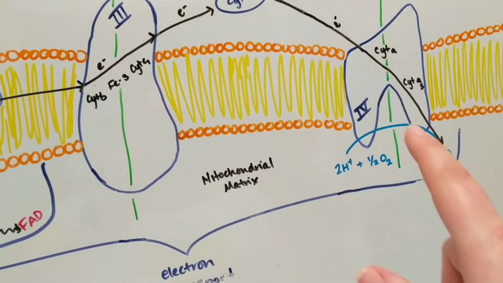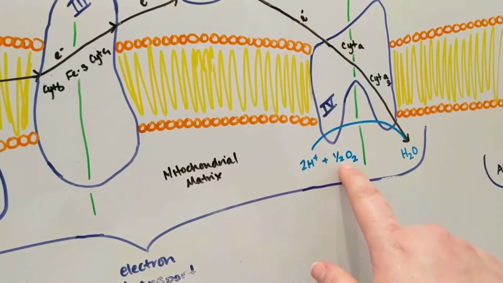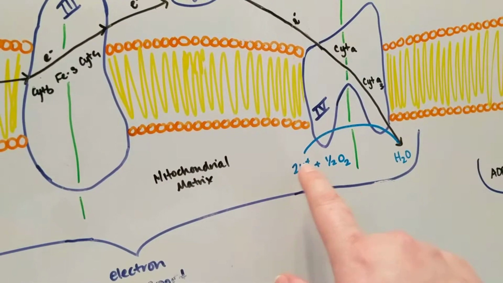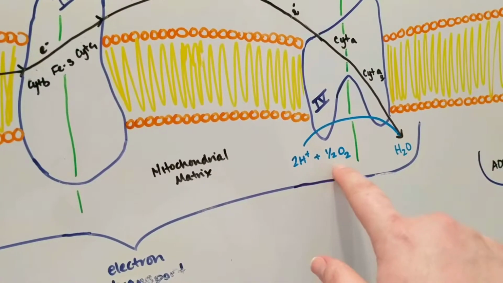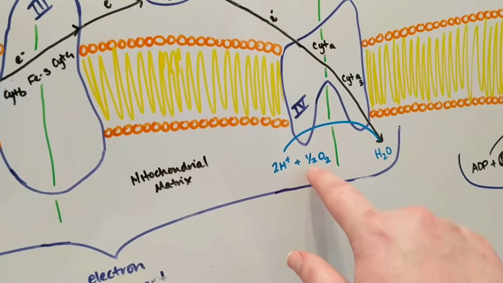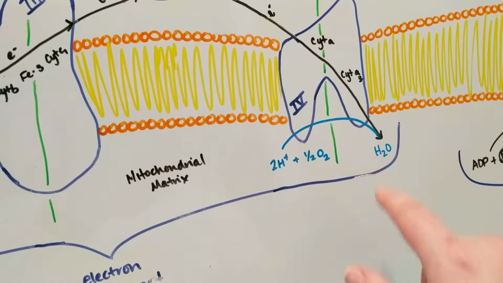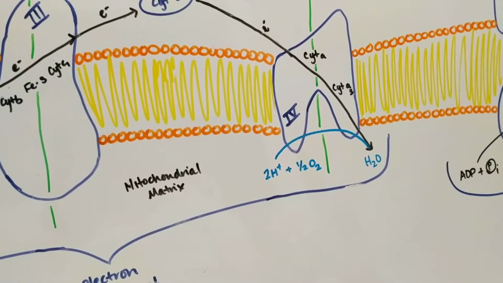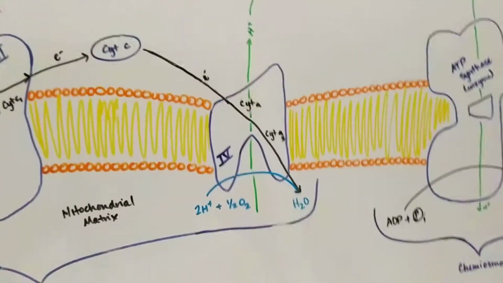So this electron is attracted to this oxygen atom right here. So there's two hydrogen ions plus this half an oxygen atom, and these combine with this electron to form H2O, which is a product of the cellular respiration with carbon dioxide.